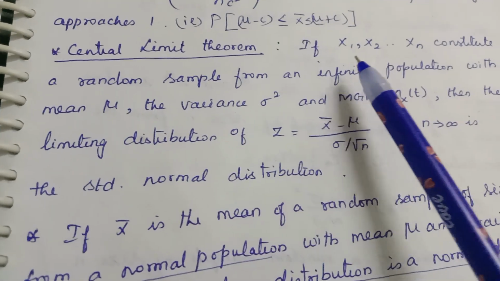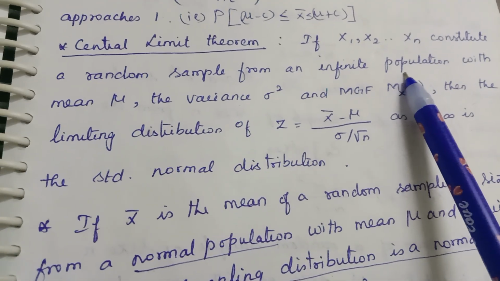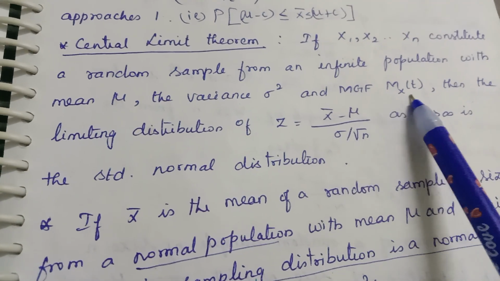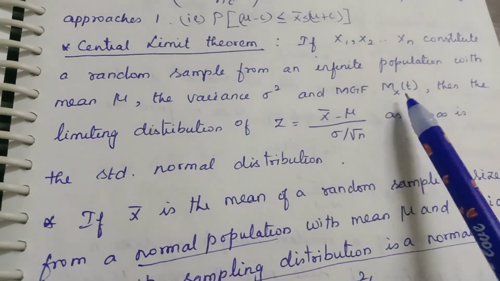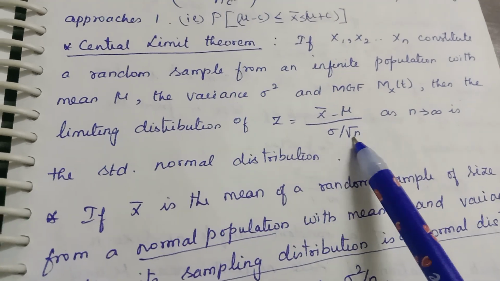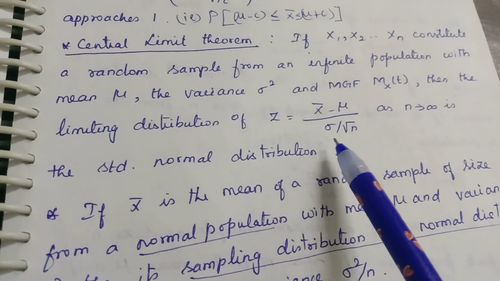Next one is the central limit theorem. This theorem states, if x1, x2, etc., xn constitute a random sample from an infinite population with mean mu and variance sigma square, and moment generating function is mx of t, then the limiting distribution of x bar minus mu by sigma by root n is the standard normal distribution. What does it say?